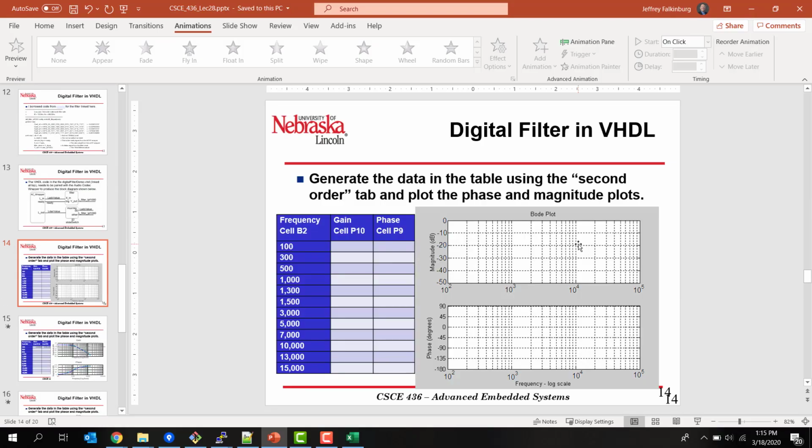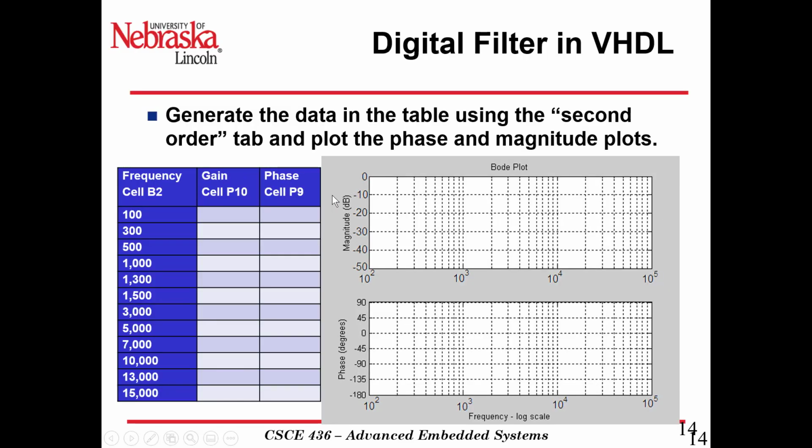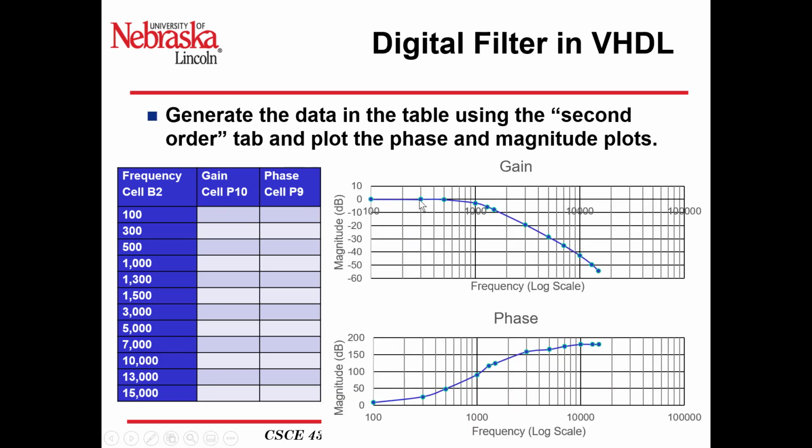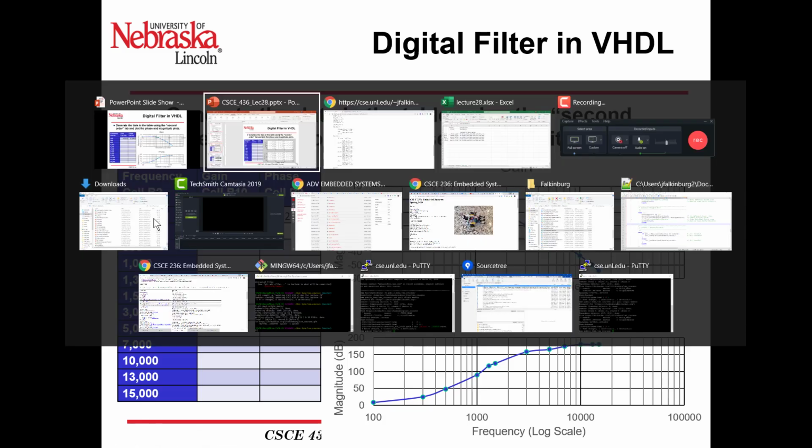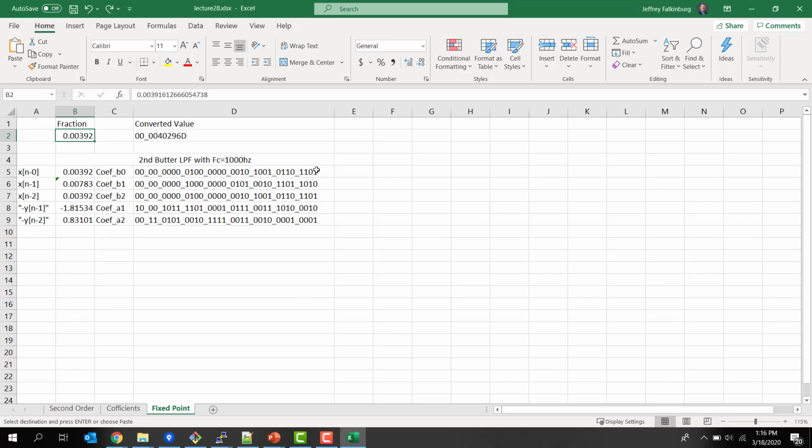So the first thing we're going to do is use that spreadsheet to generate the table listed here based on the input frequencies. We're going to plot the phase and magnitude. Your slides should show something like this, where it takes that first value, given 100 hertz, and the frequency response for the filters.